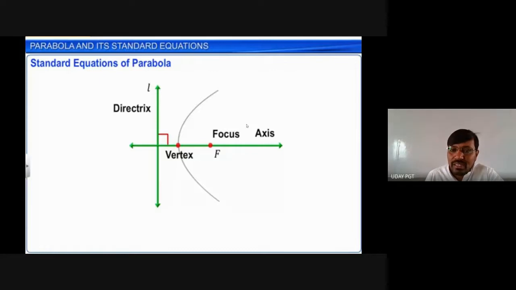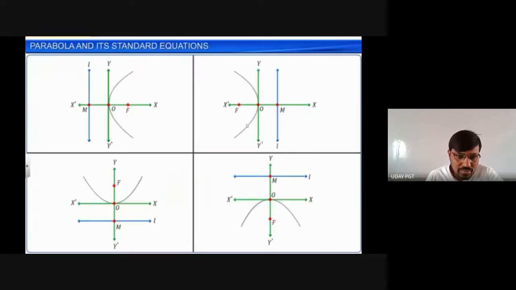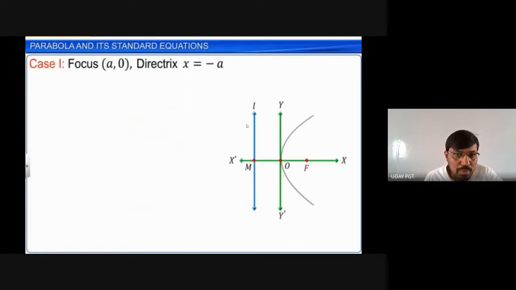The line passing through the focus with two endpoints on the parabola is called the latus rectum. And we are going to have the parabolas in different ways. Just now you can see on the screen here. One is open towards the right side.